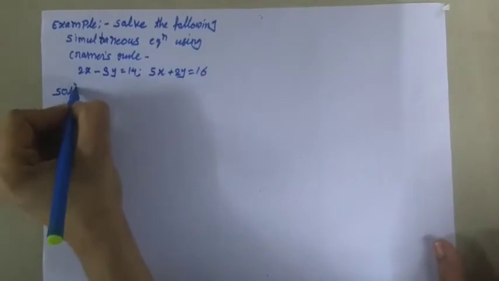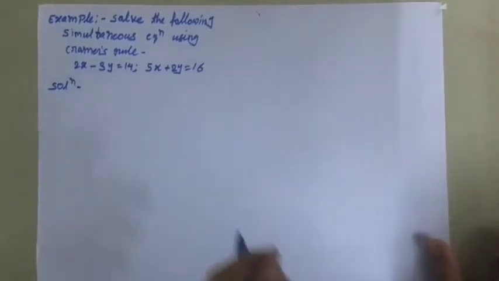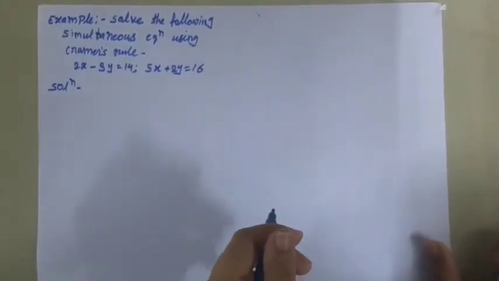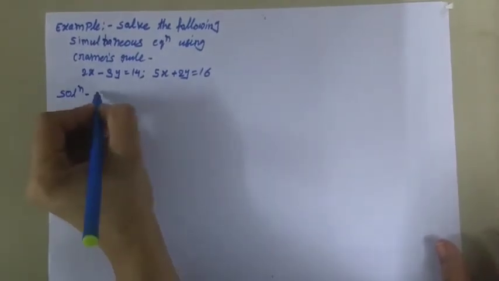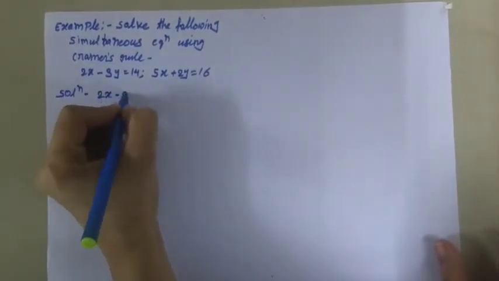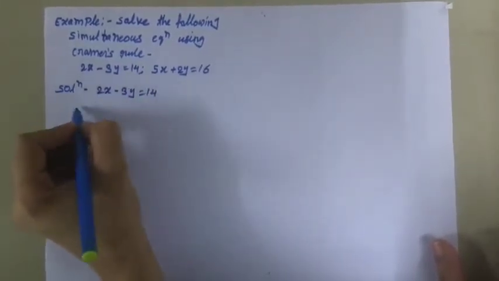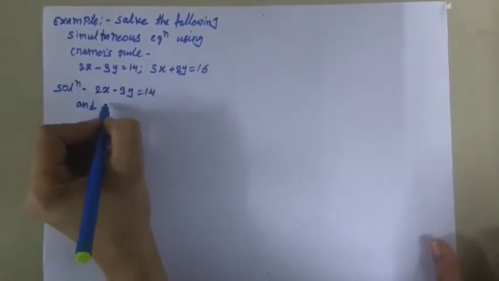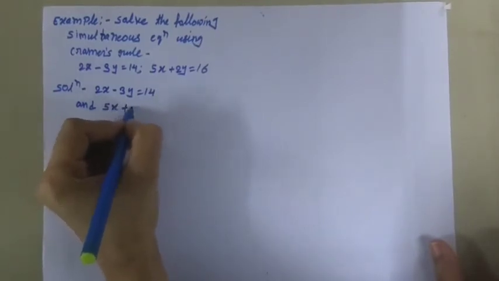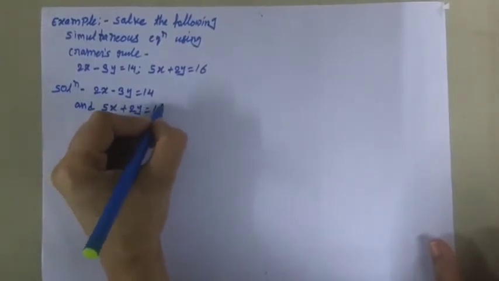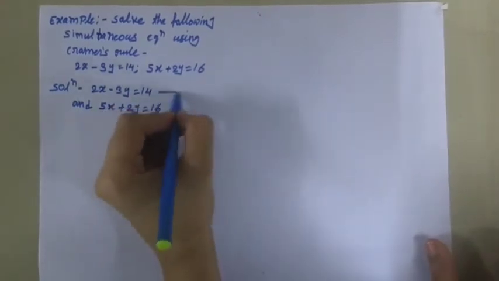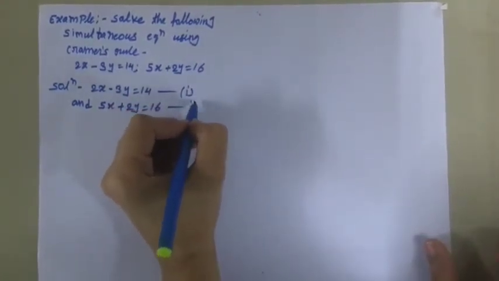Solution: the given simultaneous equations are 2x minus 3y equal to 14 and 5x plus 2y equal to 16, equation first and equation second.